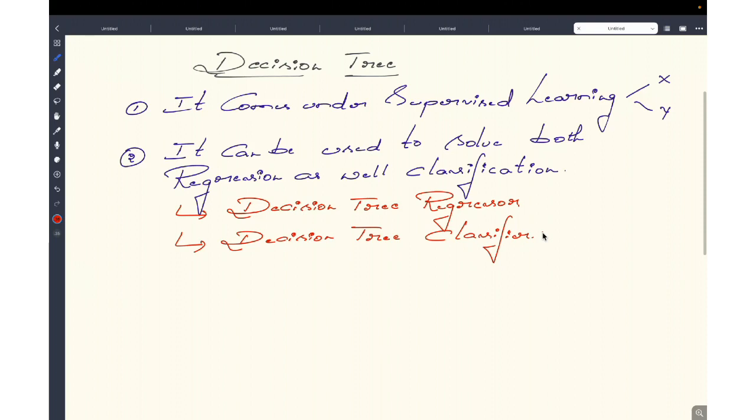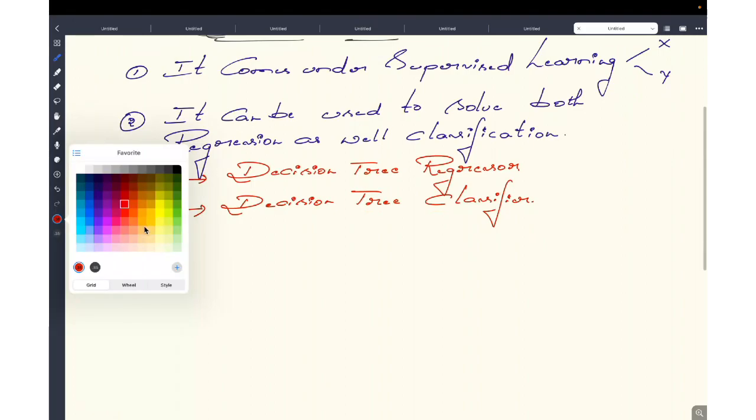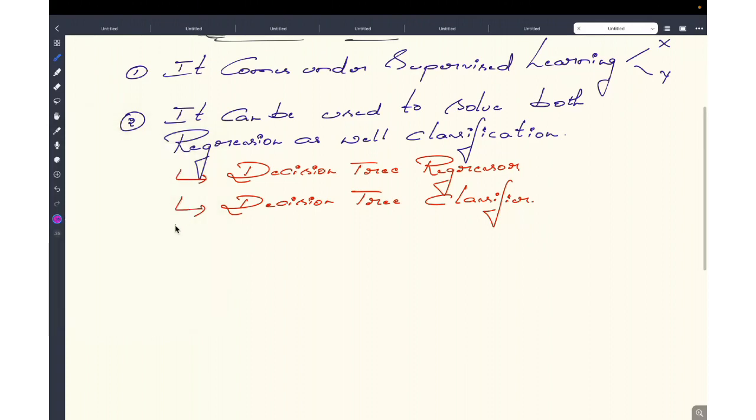Now, in the name itself, it says decision tree. When I say decision, usually what happens in our decision tree, it uses if else logic. We know decision making in the sense like we use if else in Python, right? Similar concept, it uses probability and if else logic, and it will try to construct a tree.